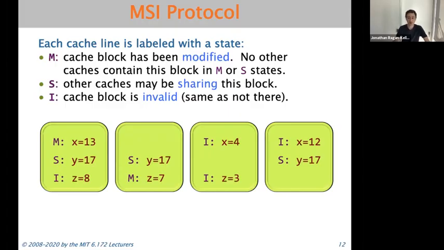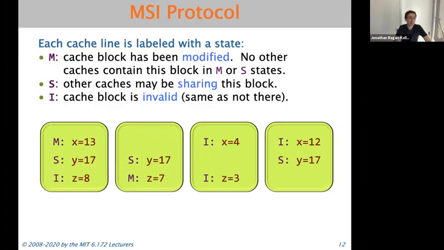And for this MSI protocol, you can see where the name comes from. There are 3 possible states for each cache line. They're creatively called M, S, and I. And what they mean is, if a line is labeled M, that cache line has been modified locally in that cache, and no other caches are allowed to contain that block in either the M or the S states. I'm using block and line interchangeably here, so apologies for that too.